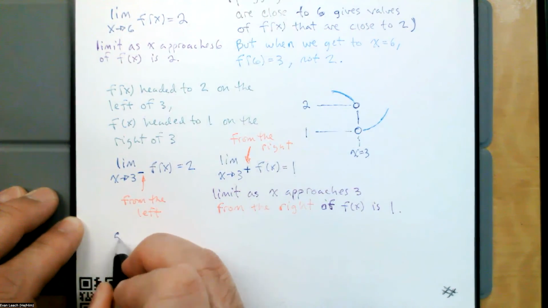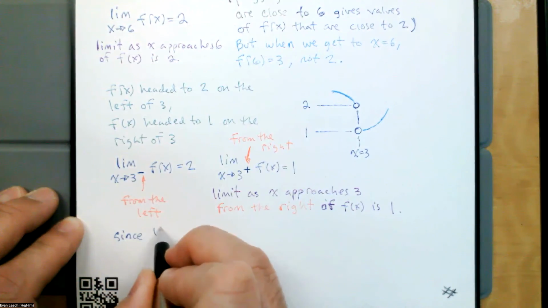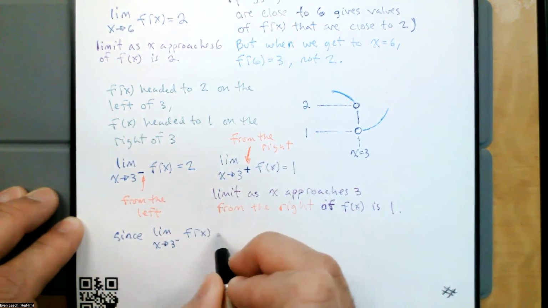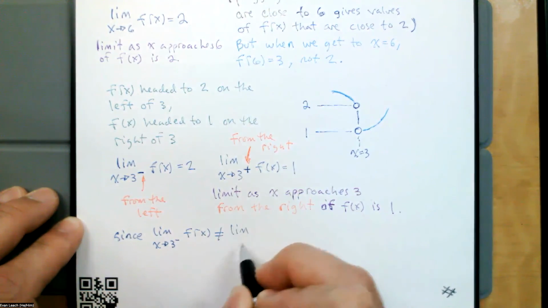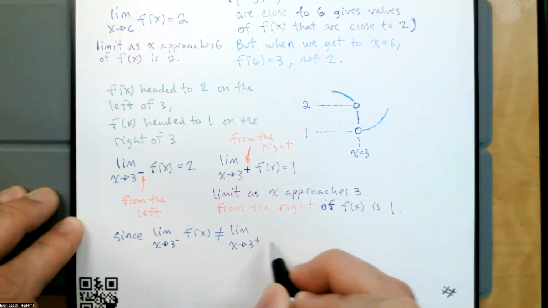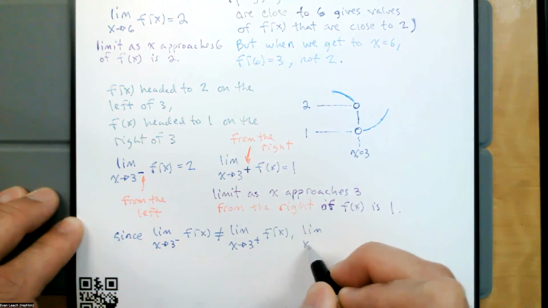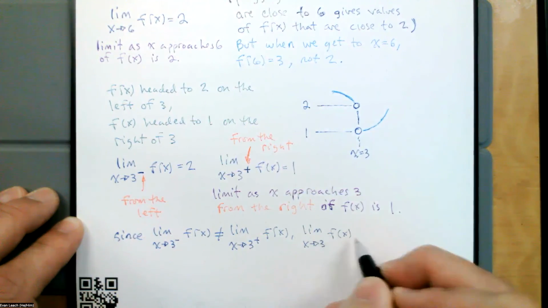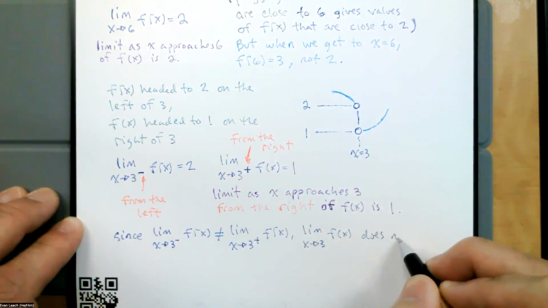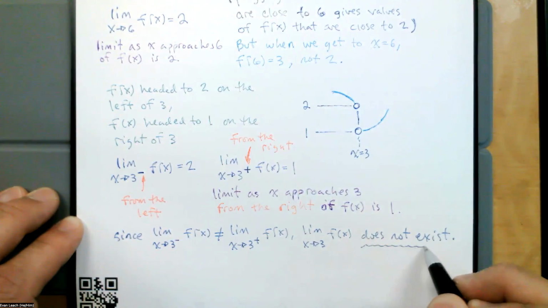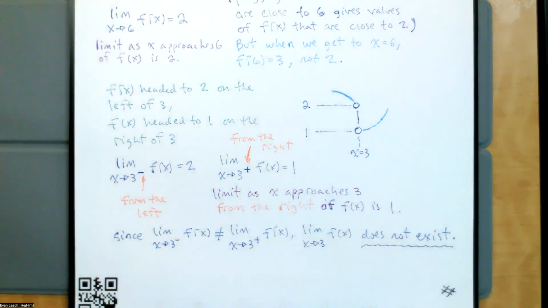So we'll say since the limit as x approaches 3 from the left of f of x is not equal to the limit as x approaches 3 from the right of f of x, we say the limit as x approaches 3 of f of x does not exist. That's a phrase that we're going to attach to limits. We say that the limit does not exist.